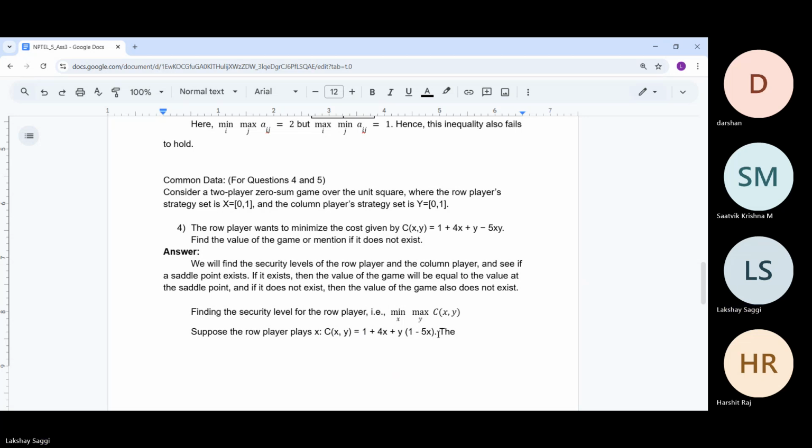So we divide this into two cases. And what are the cases? Case one is 1 minus 5x is less than or equal to 0, so essentially this 1 minus 5x quantity is negative.